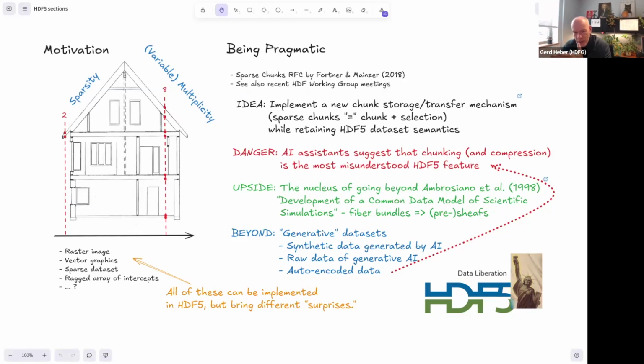Of course, this raises all kinds of questions about reproducibility, longevity, and many other questions. But I think in this space there is a lot to discover and a lot to happen.